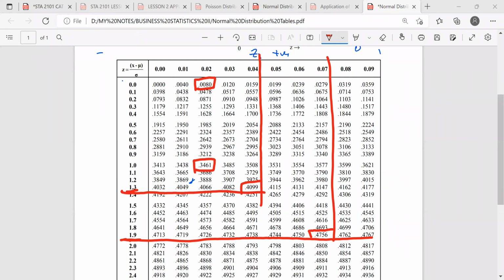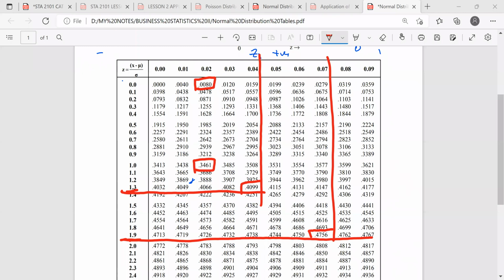Then you also need to add the area between 0 and minus 1.2. Using the property of symmetry, that area is equal to the area from 0 to positive 1.2.